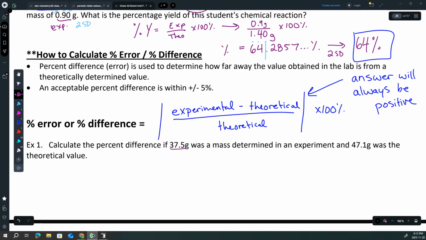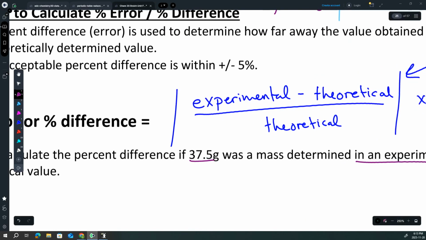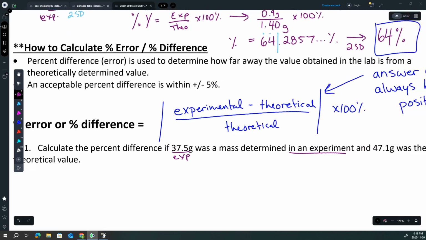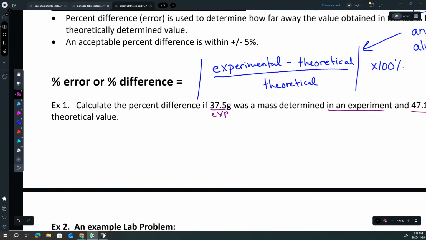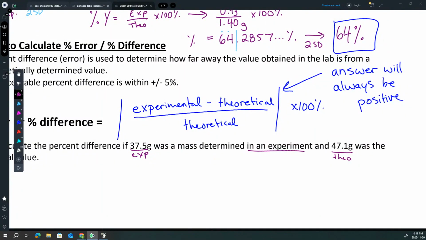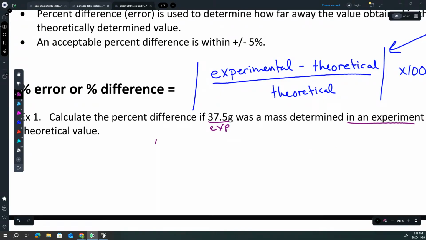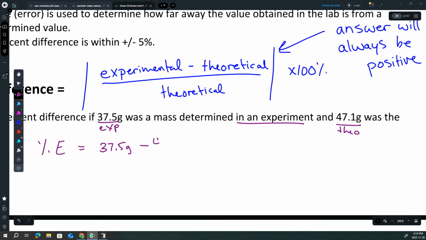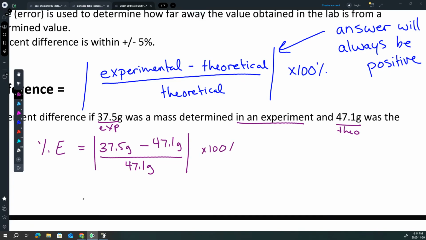Since 37.5 grams was determined in an experiment, this is the experimental value, and 47.1 was the theoretical value. So percent error is equal to the experimental value first, 37.5 grams minus the theoretical value, 47.1 grams, divided by the theoretical value, 47.1, absolute value signs, times 100%.